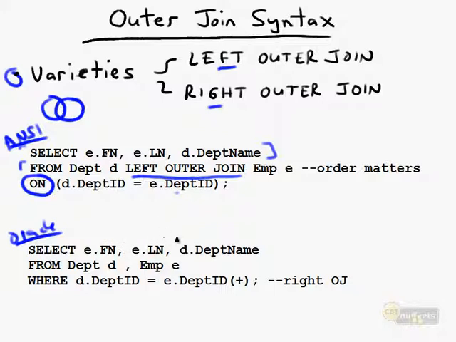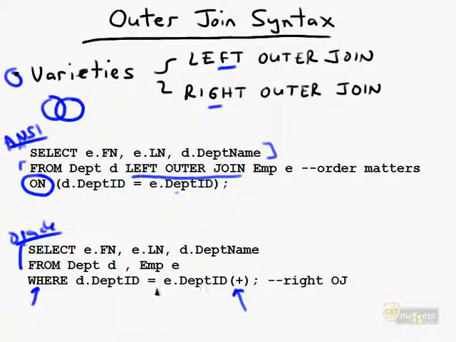Oracle syntax is a little bit wonky. Check this out. Again, we're using a very compact from line where we're just doing a comma-separated list of those tables. Order absolutely matters, remember. And then with Oracle syntax, we do our join on the where line. And what's happening here, it's kind of interesting. You use the plus operator to denote or tell Oracle whether it's a right or left outer join.